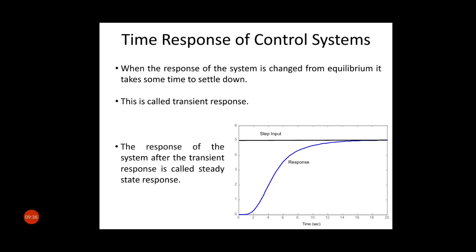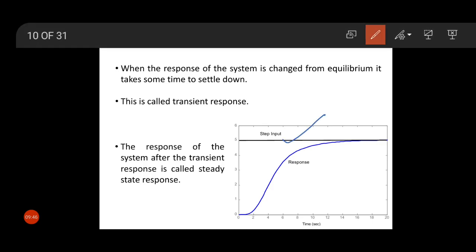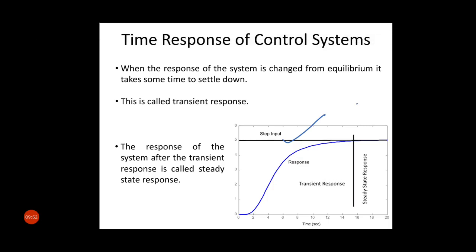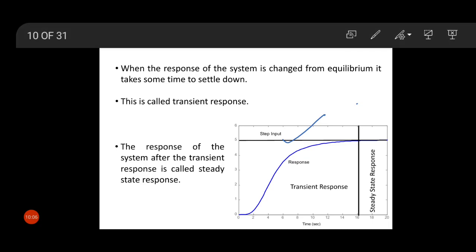For example, suppose you have a response c(t) like this, where the x-axis represents t and the y-axis represents c(t), which is the output.